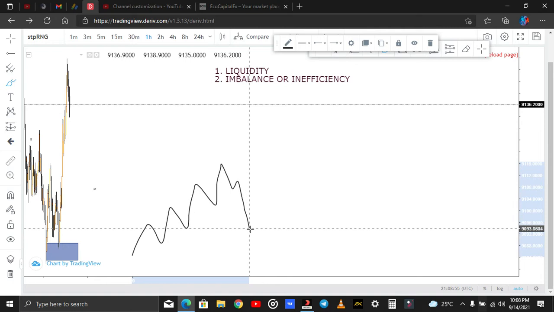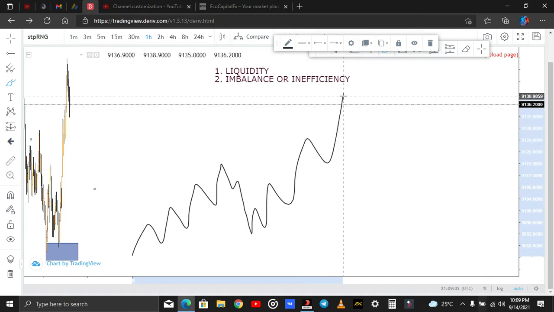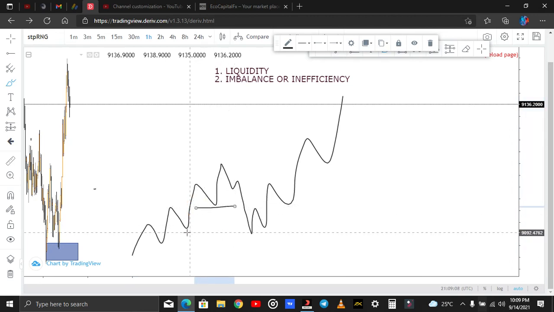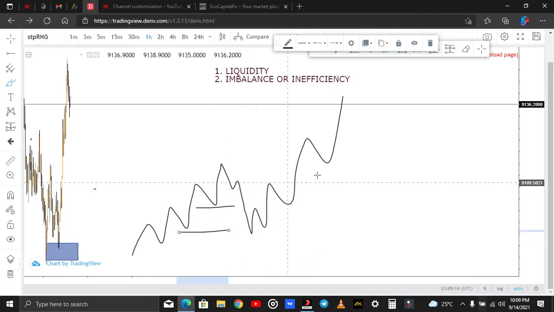It might even come down here and break this one also, then continue going back upwards like this. In this case price broke this structure and also this one, but still continued going upwards. Why is this not a change, not a break of structure? This was just a grab of liquidity.